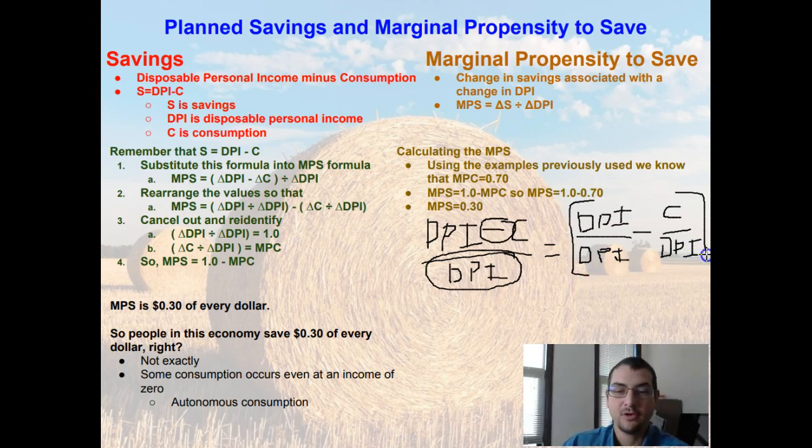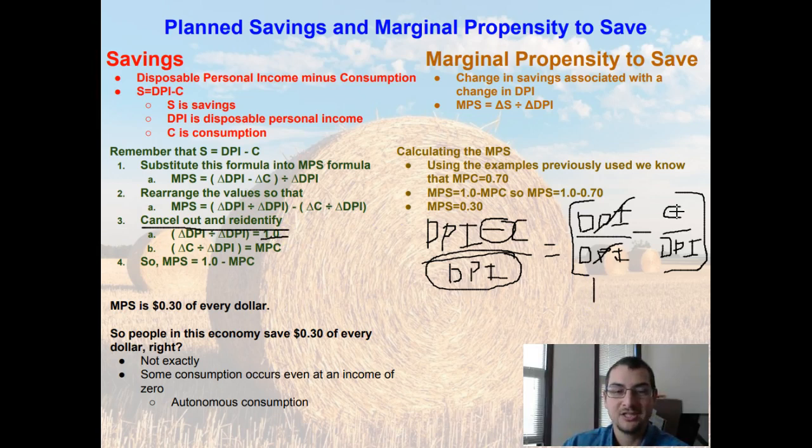Now that we have this arranged out, what can we do with it? Well, first and foremost, anything divided by itself is considered 1. So we can cancel disposable personal income divided by disposable personal income to come out with 1. Just like we said right here, cancel out and re-identify. So the disposable personal income divided by change in disposable personal income is equal to 1. So this part right here is equal to 1.